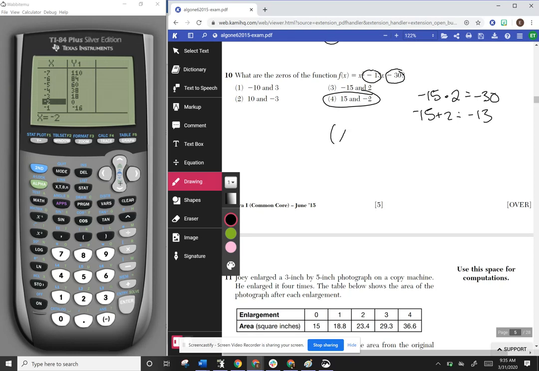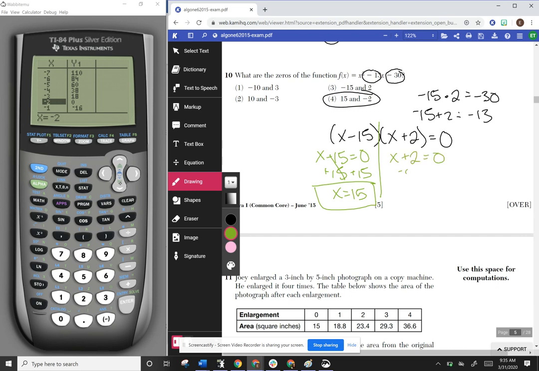So because of that, we can write x minus 15 and x plus 2, set it equal to 0, and now solve each one for 0. x minus 15 equals 0, add 15 to both sides, and you get x is 15. x plus 2 equals 0. Subtract 2 from both sides. You get x equals -2. So whichever method you prefer.